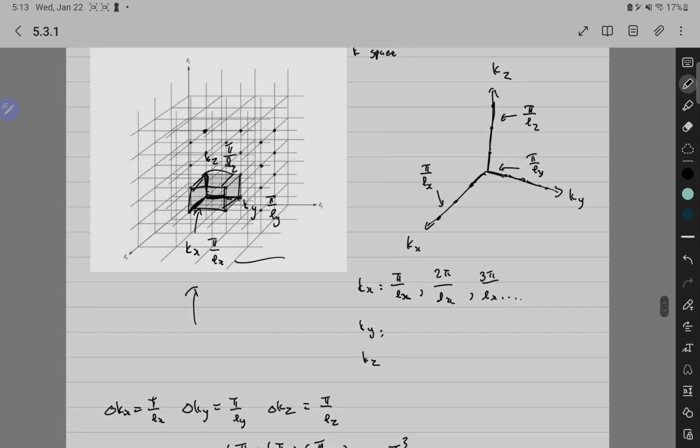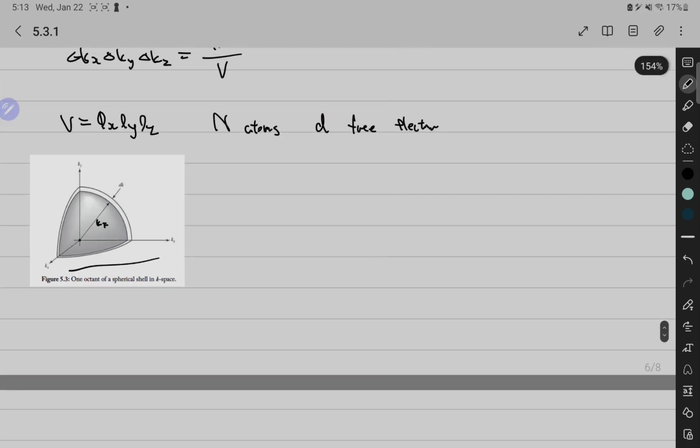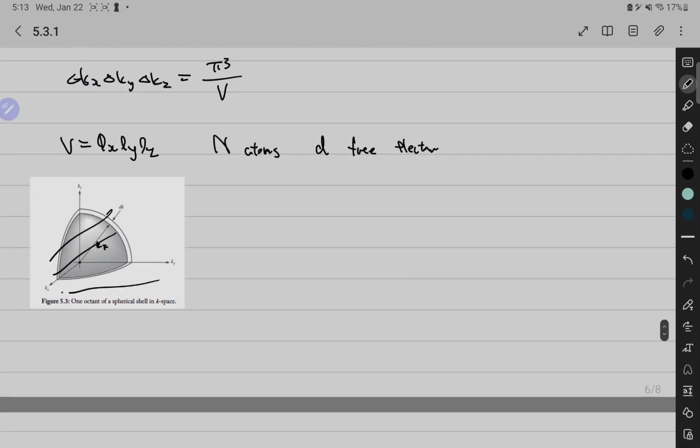Imagine in your head that these grids really exist, and among these grids we take only one octant of the sphere. All the grids already exist here, each forming their own volumes, and we're looking at one octant because kx, ky, and kz are only positive numbers.